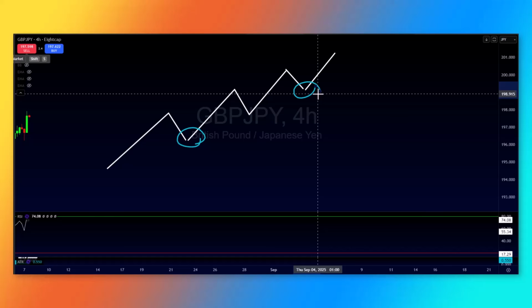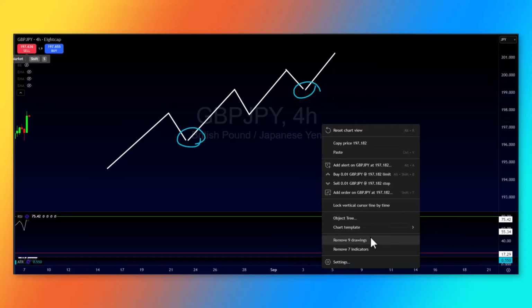Are you basing your trade off of that? Or are you basing your trade off of your overall market analysis and where you think price is likely to go? Right, so let's look at this as another example here.